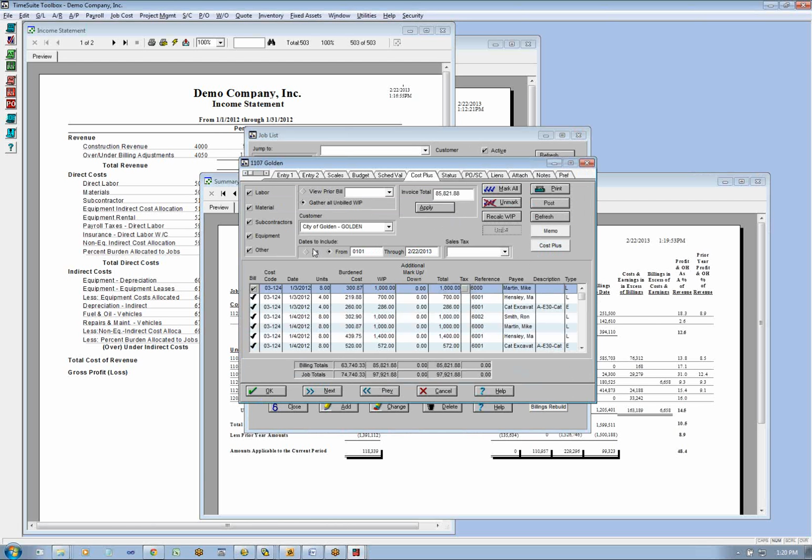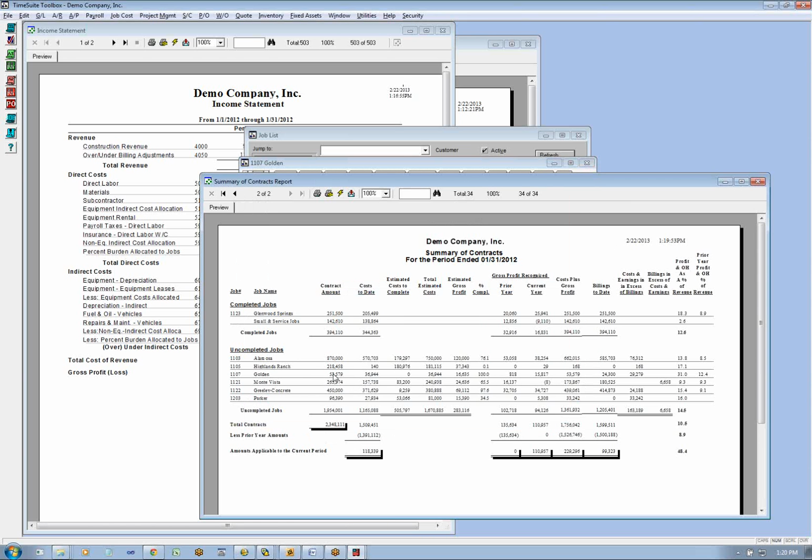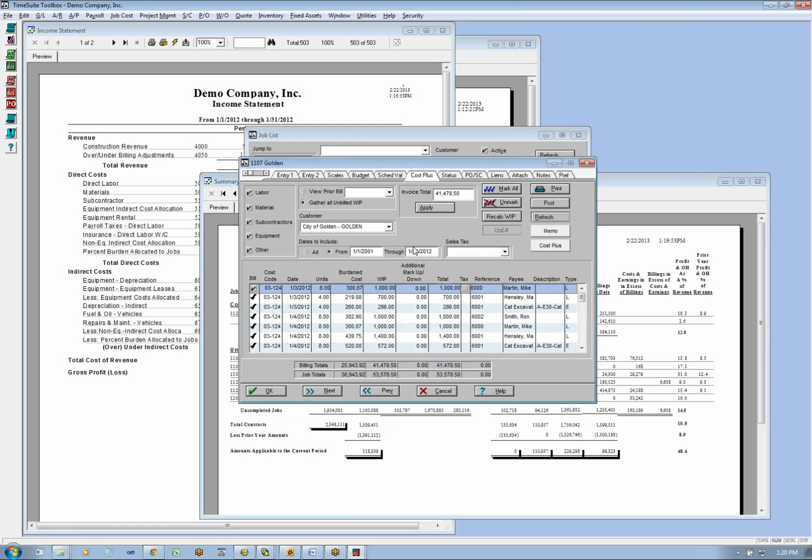Let's say 01/31/12, and I click refresh and it's saying 41,000 is my work in process, which is not what is coming up in here because we probably have wages that were paid. This screen is basically by the check date. It doesn't discriminate on the work date on the labor. That's why it wouldn't come up.